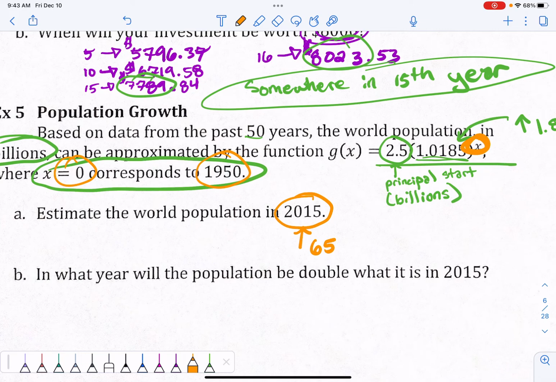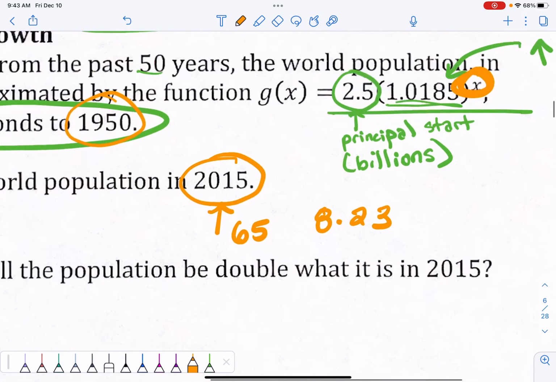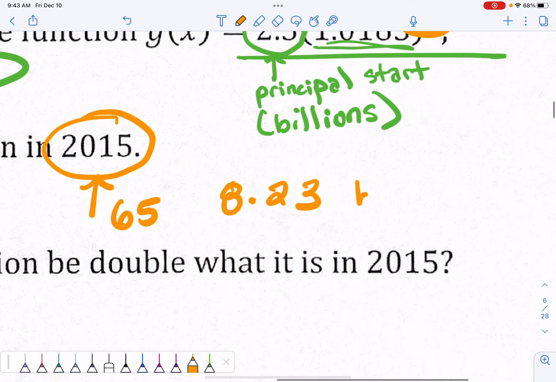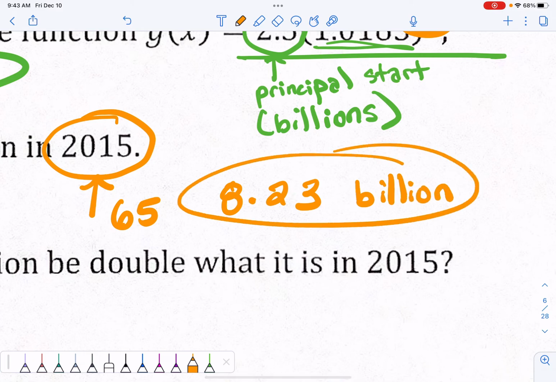I got 8.23. Let's just round it off at 2 decimal places. But that's 8.23 billion, okay? Which is probably about right. I don't know. I don't think we were maybe quite to 8.23. Maybe we're not to 8.23 billion yet. I think we're somewhere close to 8 billion maybe. I don't know.